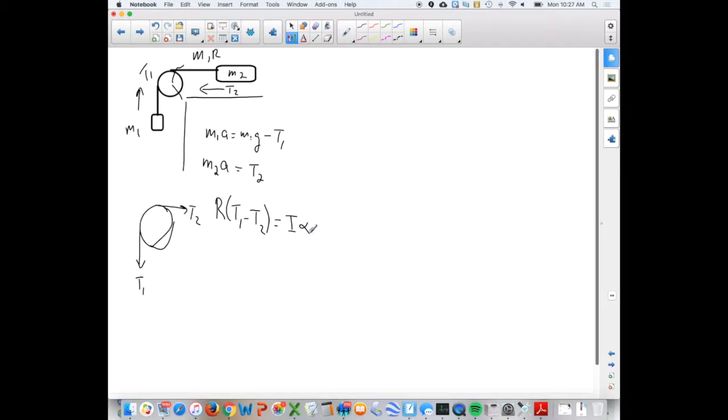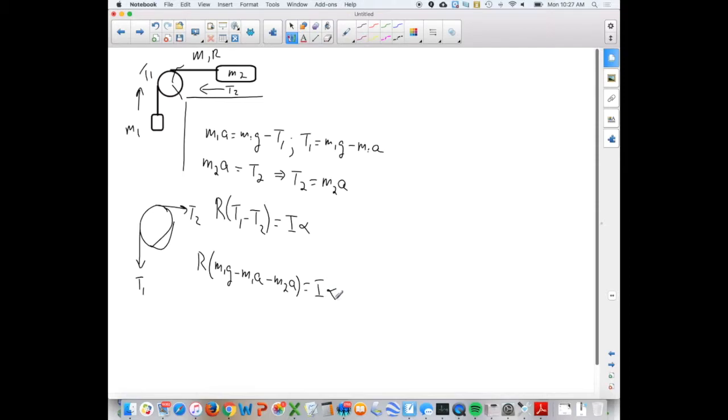And probably the simplest way to deal with this is to solve both of my first equations for T. So T2 is M2A, and T1 is equal to M1G minus M1A. Substituting those in here, I'm going to get R times (M1G minus M1A minus M2A) is equal to I alpha.